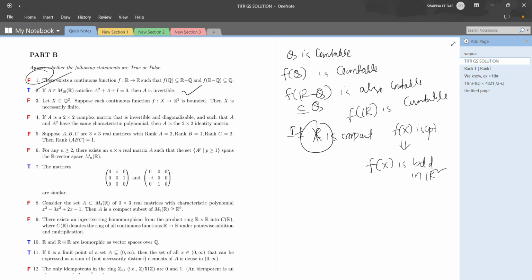So that means if you choose any compact set, then we are done. Choose any compact set in Q² which is not finite, then we are done.